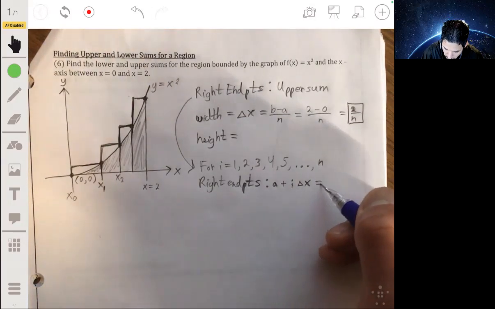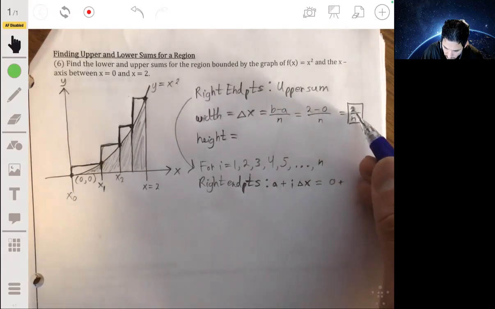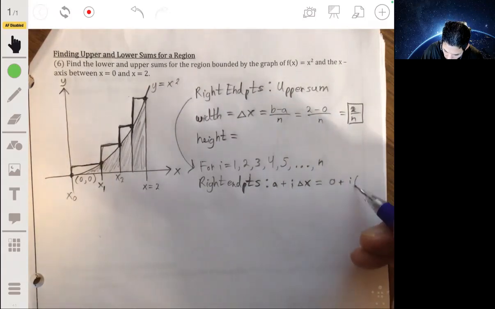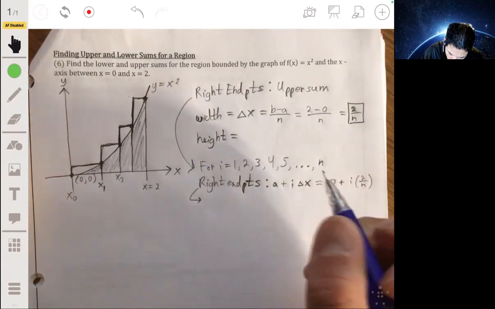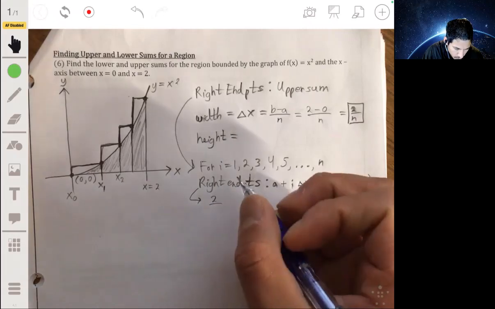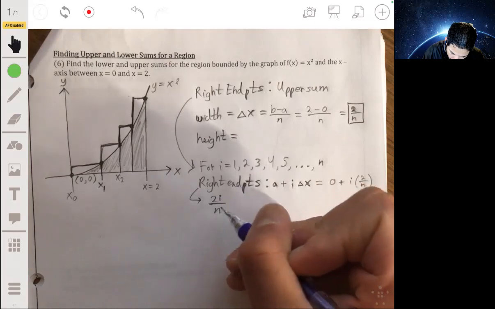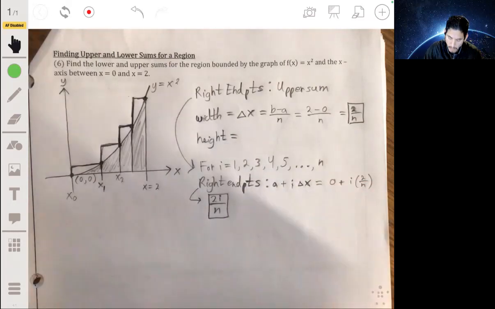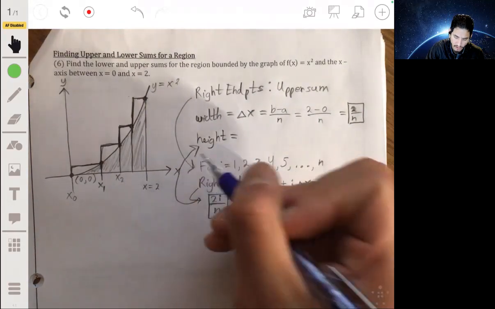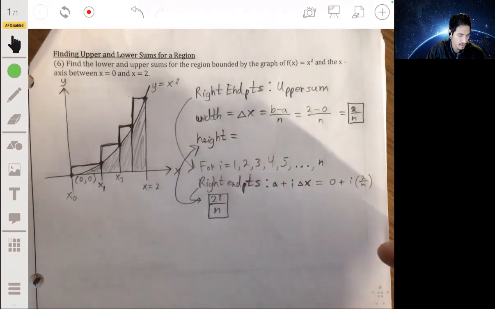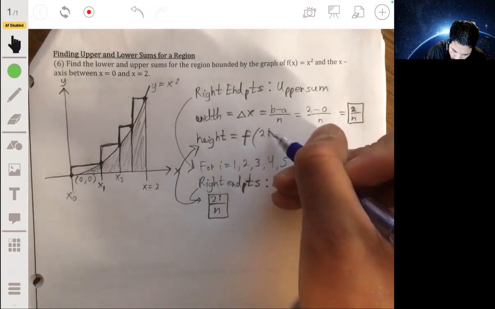So in this case, it would just be 0 plus i times 2 over n, so 2i over n. So going back, kind of out of order here, the heights of each of the rectangles would then be f of 2i over n.